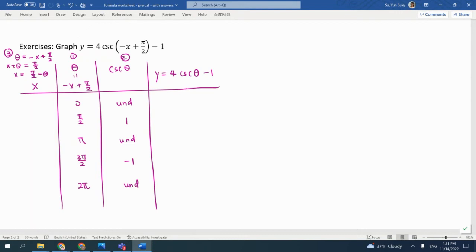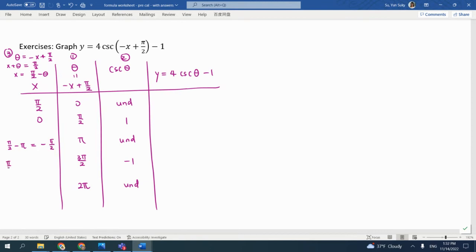Look at here. Pi over 2 minus 0 is pi over 2. And then here, pi over 2 minus pi over 2 is 0. And then pi over 2 minus pi is negative pi over 2.